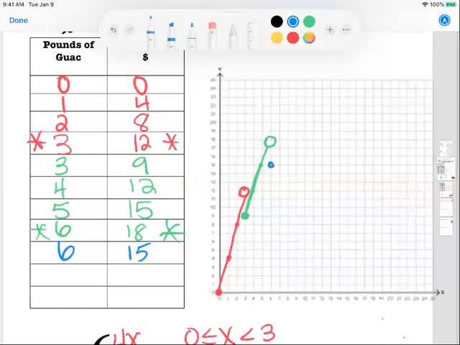There we go. Isn't that funny? So 5 and 6 pounds cost the same amount. So 7 would cost me $17.50. And 8 would cost us $20. So 7 is $17.50, and then 8 is 20.